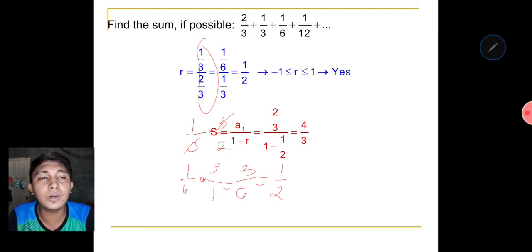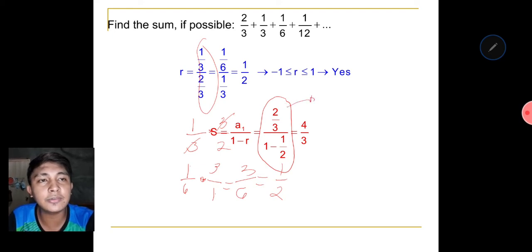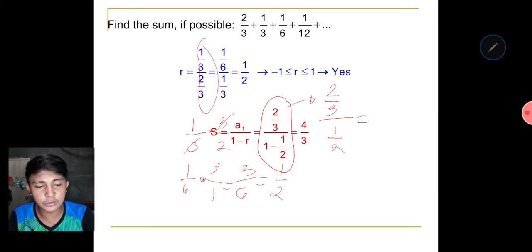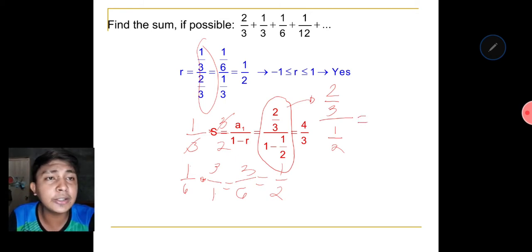Again, paano ulit nakuha si 4/3? So we are to solve for this ng mano-mano. So 2/3 divided by 1 minus 1/2 is equal to 2/3 divided over 1/2. 1 minus 1/2 is 1/2. So this is the same kapag division of fractions, you multiply the numerator, 2/3, to the reciprocal of the denominator, which is 1/2.